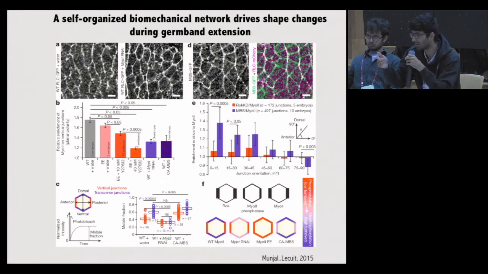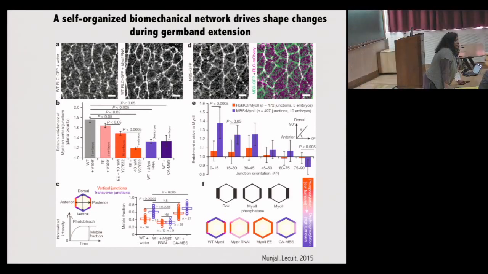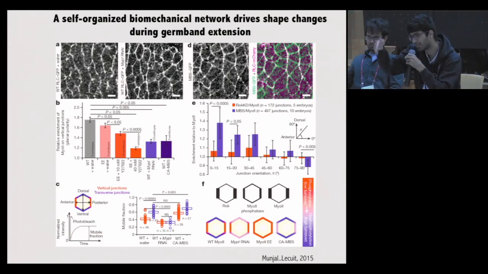So that's what I wanted to ask. So you're asking about the myosin polarization to those shrinking interfaces. Does something chemical cause the myosin to come over there at the interface, which causes the change in tension, or is it that there's a difference in tension which causes the myosin to come?